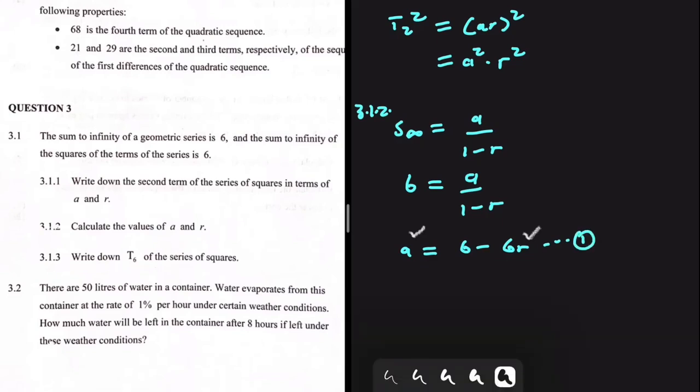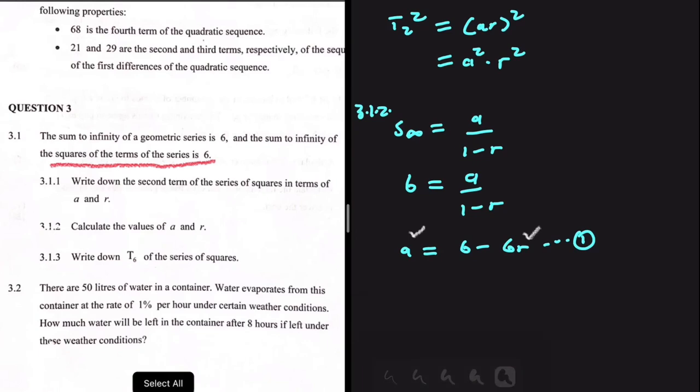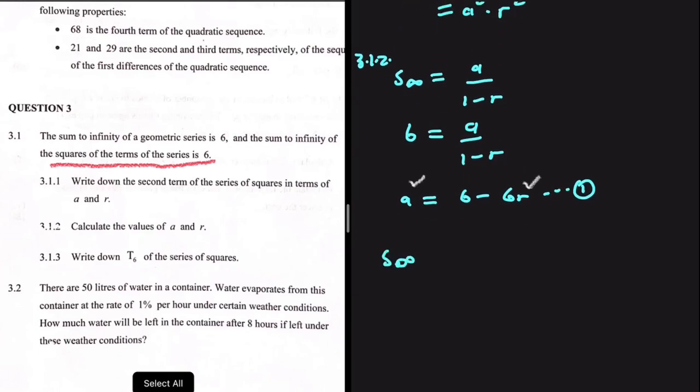And then another piece of information we are told is that the sum to infinity of the squares of the terms of the series is 6. The sum to infinity, let's just put 2 here to show that it is the sum to infinity of the squares of the terms of the series.